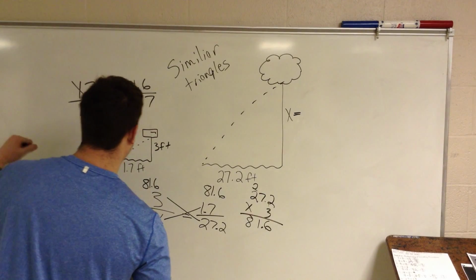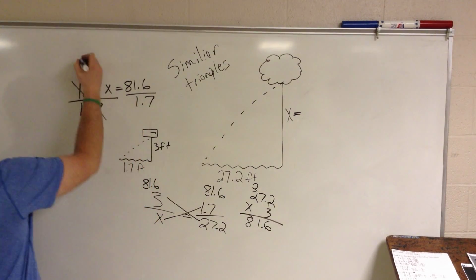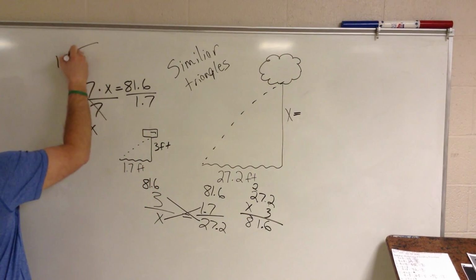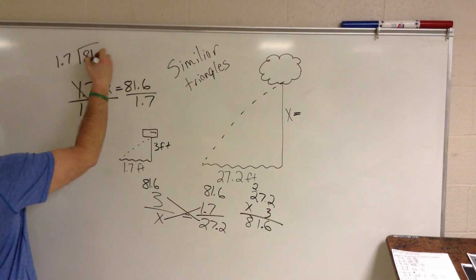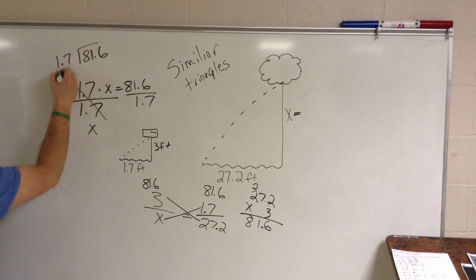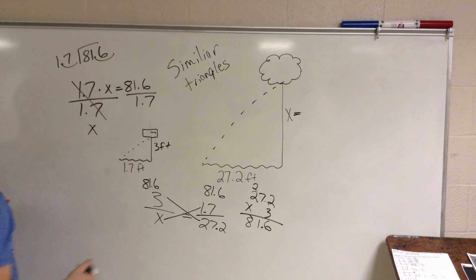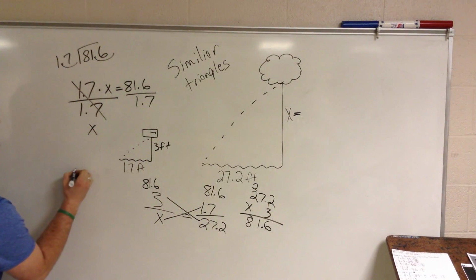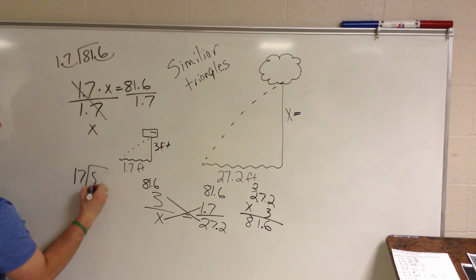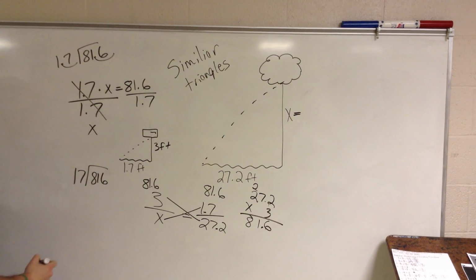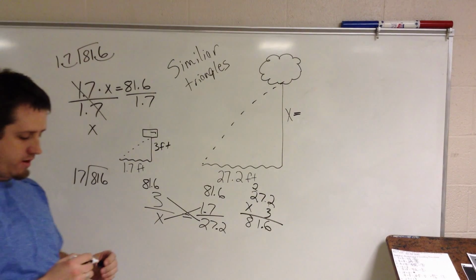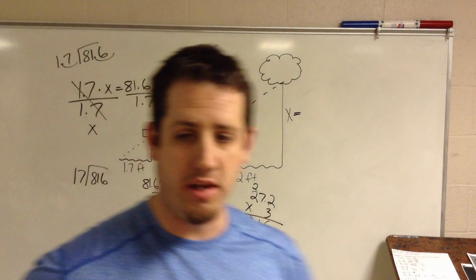So I need to take this 1.7, put it on the outside, and this 81.6, put it on the inside. Hop, hop, right? Because you can't divide by a decimal. So what I'm actually ending up doing is 17 into 816. I'm not going to waste any more time dividing that because the video is starting to get long.